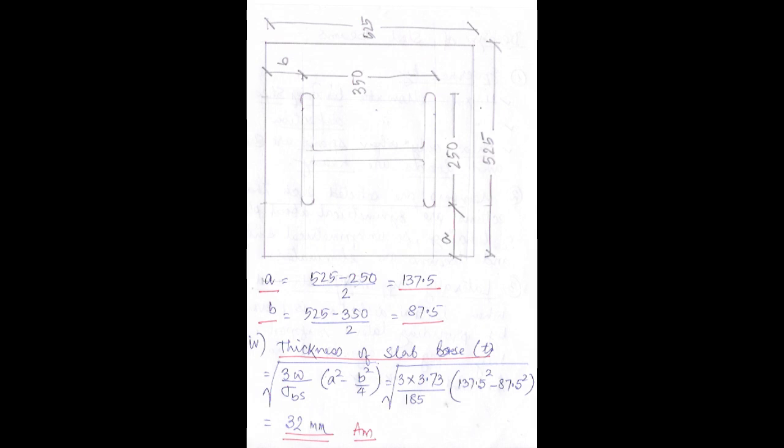So now you see what is A and B. I was telling you, the bigger projection, smaller projection. So see how we are finding it. A is the bigger projection on each side of the column. So total is 525. From that, you subtract 250, that is the flange width. So 525 minus 250, and then you divide it by 2 because the projection is on either side of the column, correct?